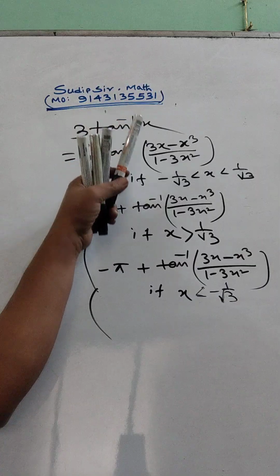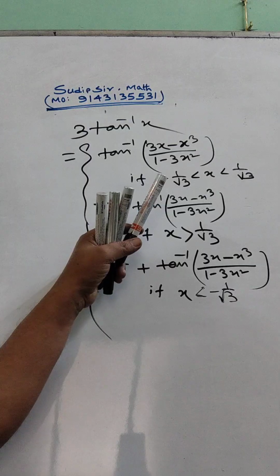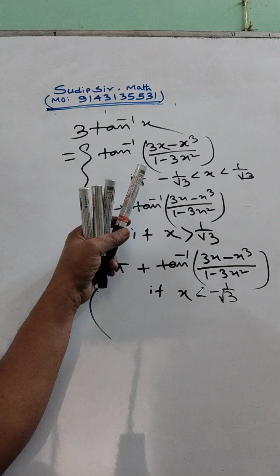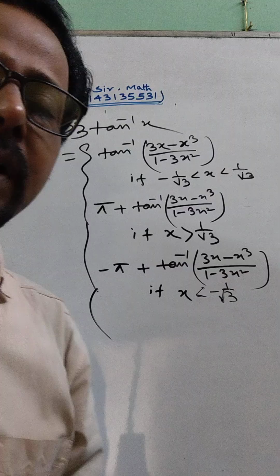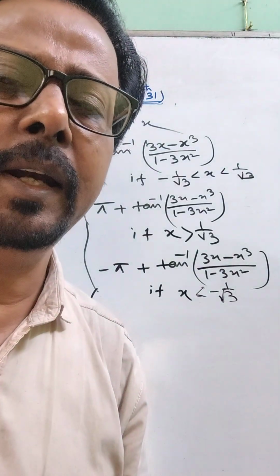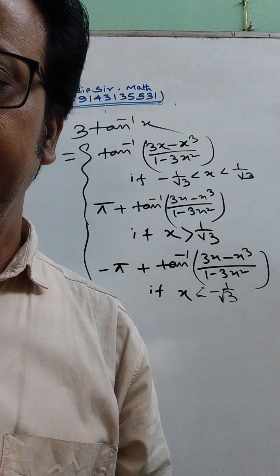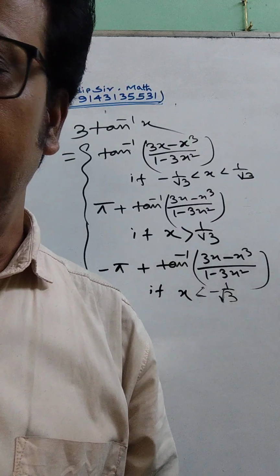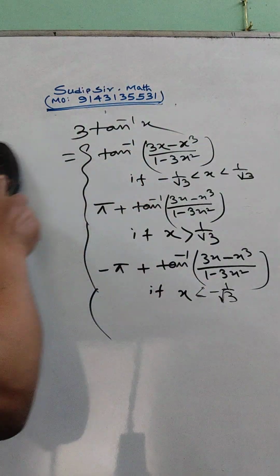So for inverse circular functions we have to use this type of formulas according to their conditions. Okay, just giving some examples.